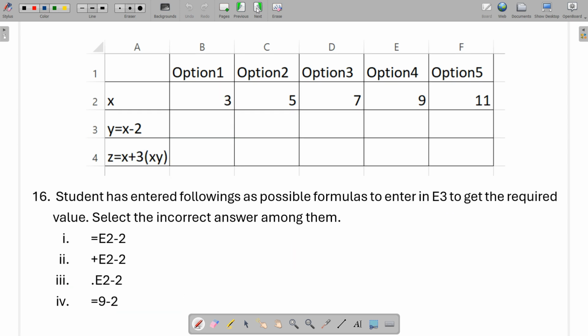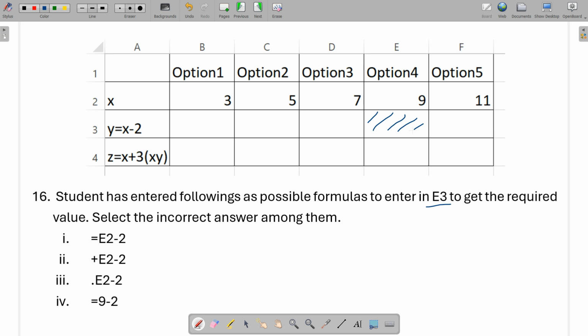So the 16th question says, a student has entered the following as possible formulas to enter in E3 to get the required values. Select the incorrect answer among them. So they have put it in the E3, that means onto this particular cell.